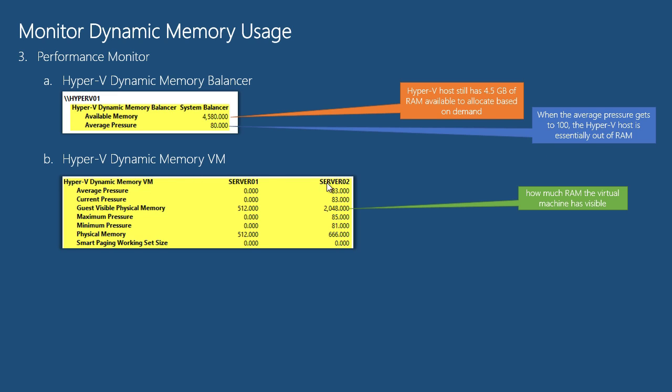The Dynamic Memory VM counter gives you a view very similar to what we have seen from SCVMM and the Hyper-V Management Console. One counter that is useful here is the guest visible physical memory. This indicates how much RAM the virtual machine has visible, and it also indicates the RAM demand. Perfmon also gives you the advantage of being able to track the RAM allocation on a graph.